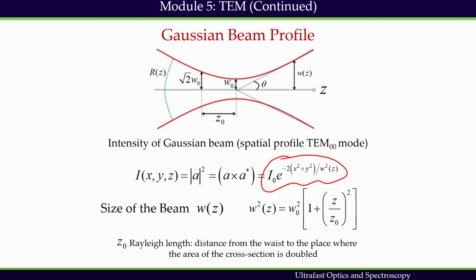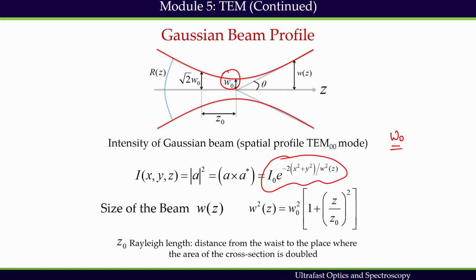The beam waist, this w naught, we have already seen, is the narrowest size of the beam. The size of the beam is defined as the radius. It is not the diameter, it is the radius. Gaussian beam spot size is represented by this radius.